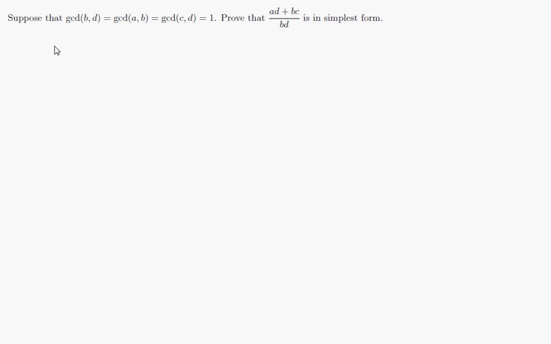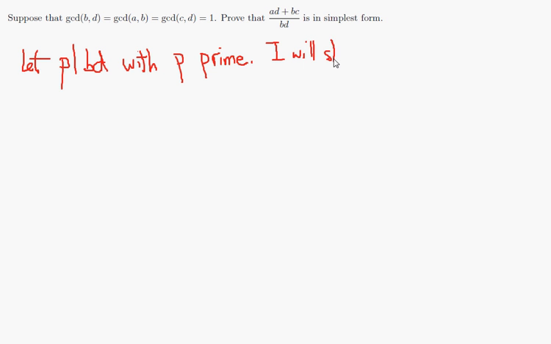The way that we're going to do this is as follows. So let p be a prime factor of the denominator b times d. So suppose I have a prime factor of the denominator. I will show that p is not a factor of the numerator.